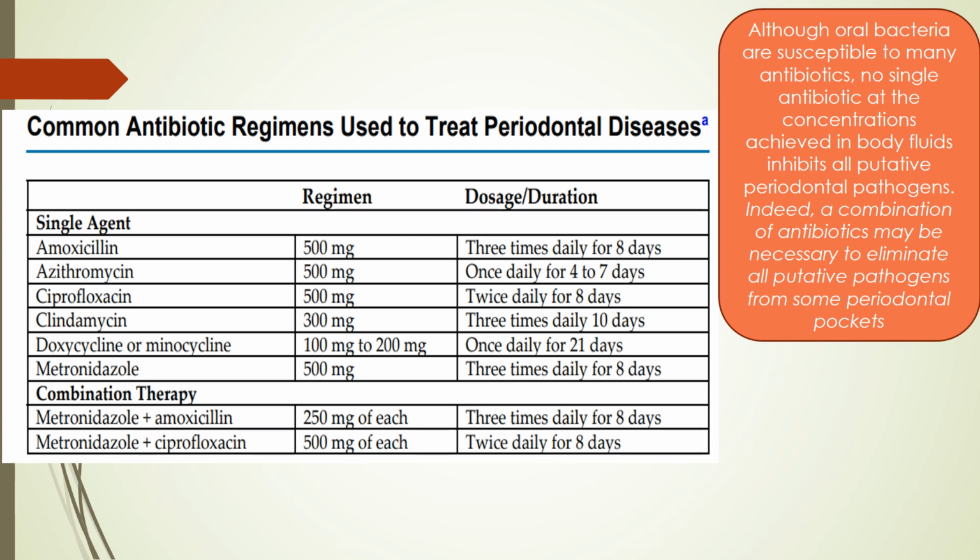Although oral bacteria are susceptible to many antibiotics, no single antibiotic, at the concentration achieved in body fluids, inhibits all putative periodontal pathogens. So a combination of antibiotics may be necessary to eliminate all putative pathogens for some periodontal patients.